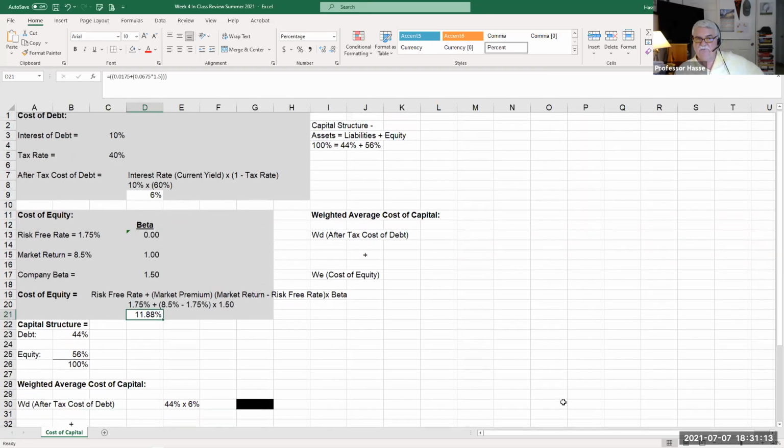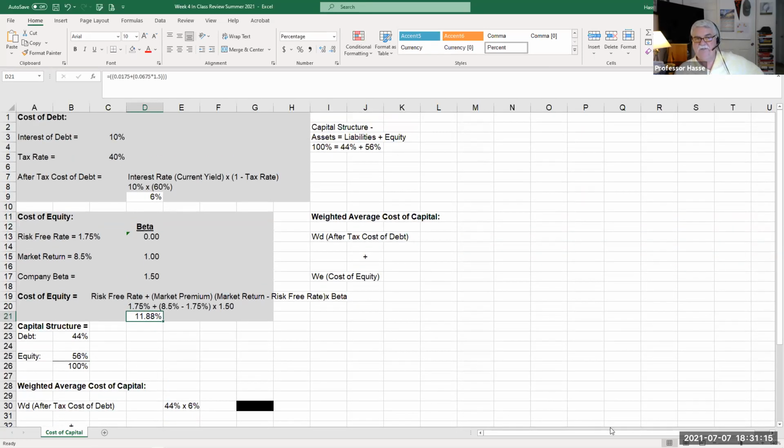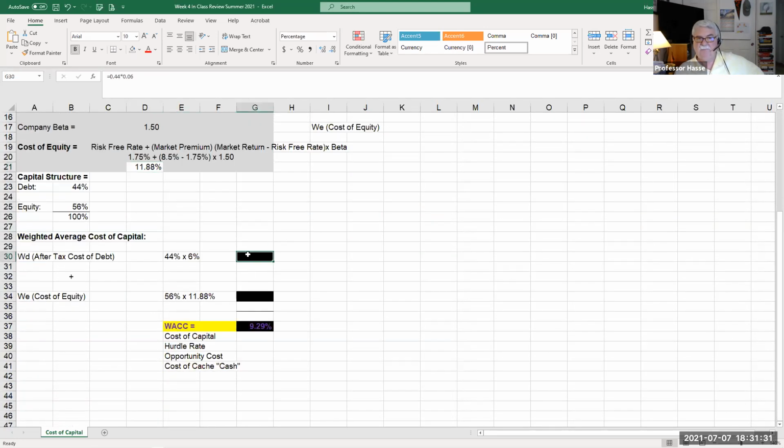Based on the capital structure of the company, the percentage of debt and equity that finance the long-term assets of this institution, notice current operating debt is not included in this capital structure formula. We can determine the weighted average cost of capital by weighting that percentage of the capital structure times each one of those individual costs of debt and equity, and then adding them to total the weighted average cost of capital.